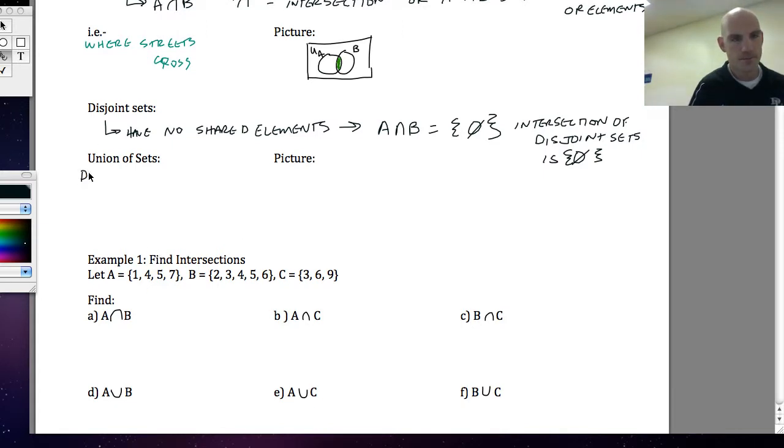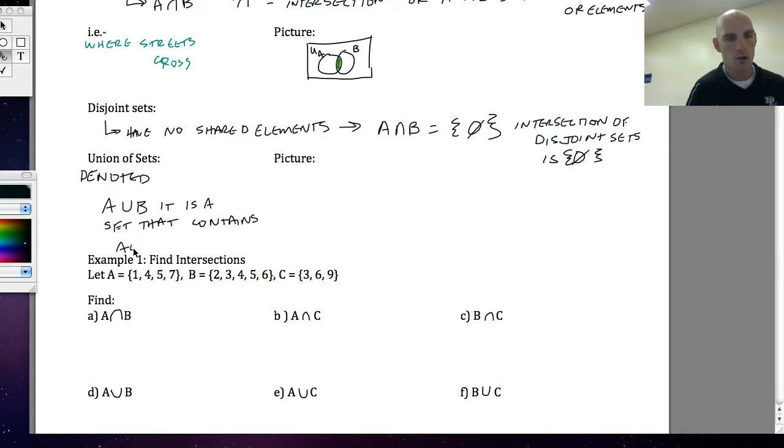It's denoted A union B. It is a set that contains all A and all B. So that would be all A and all B. The picture of this would look like the one above in a couple of ways.